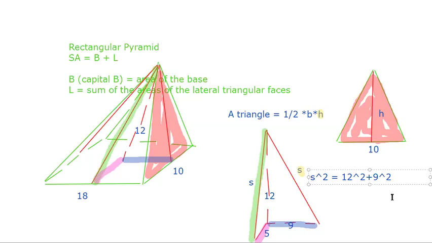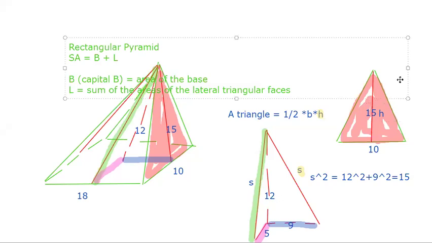That's 144 plus 81. So the square root of 144 plus 81 is 15. So that slant height is 15. That measurement right there is 15.